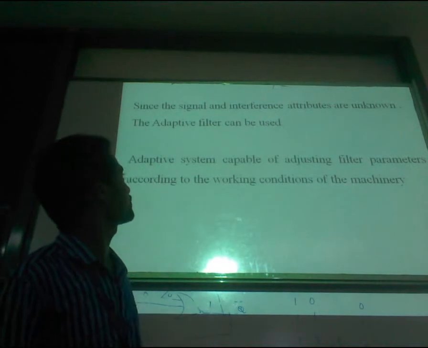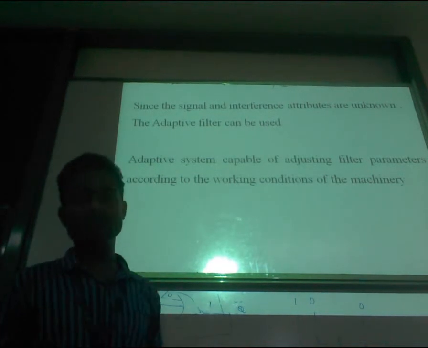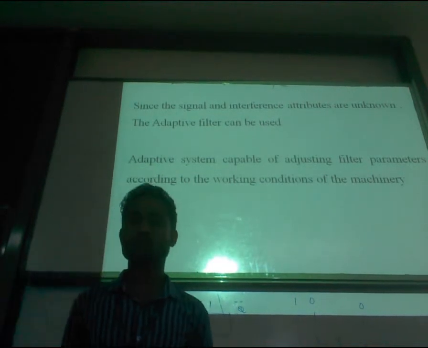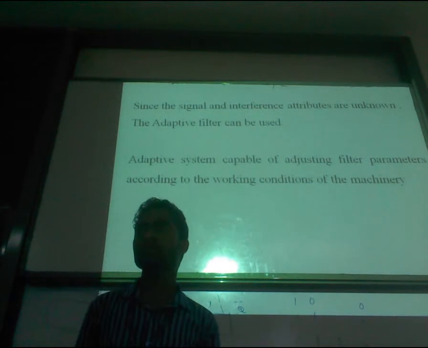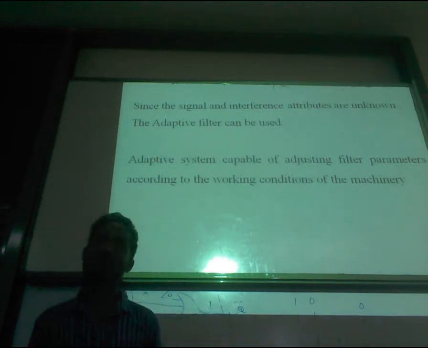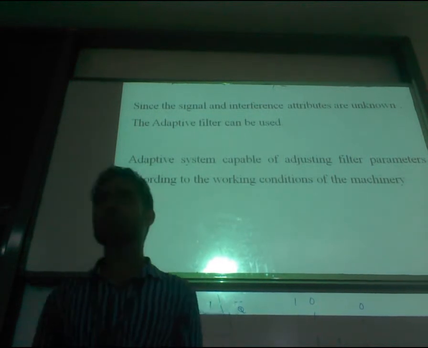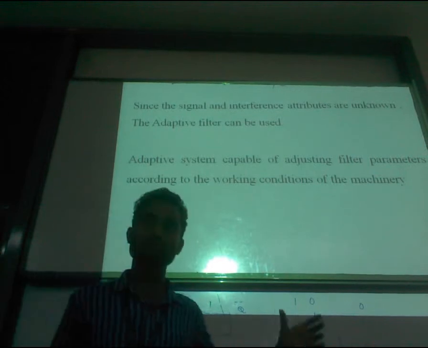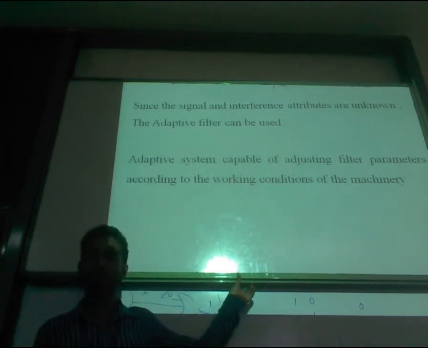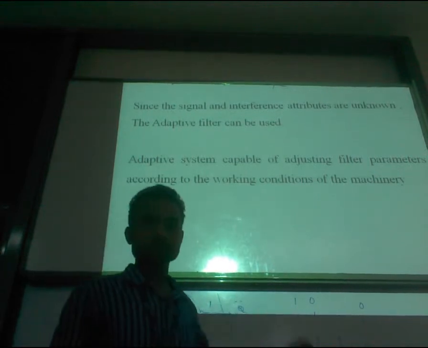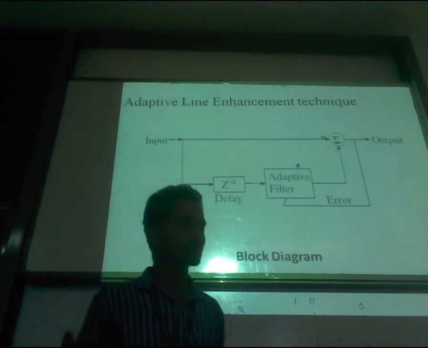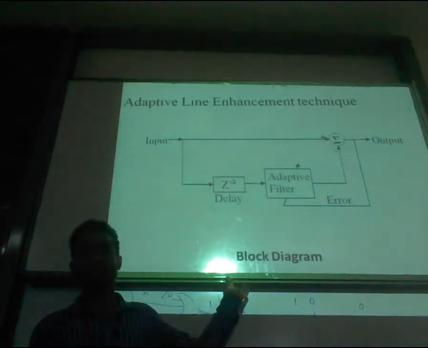The adaptive system is capable of adjusting the filter parameters according to the working condition of the machinery. If the vibration is high or low, whatever it may be, our filter will adjust to that vibration. So that's why we are using the adaptive filter.